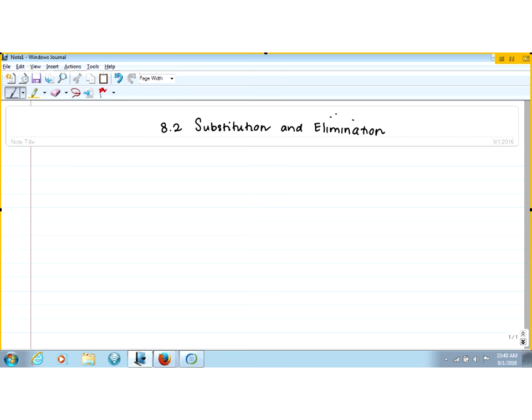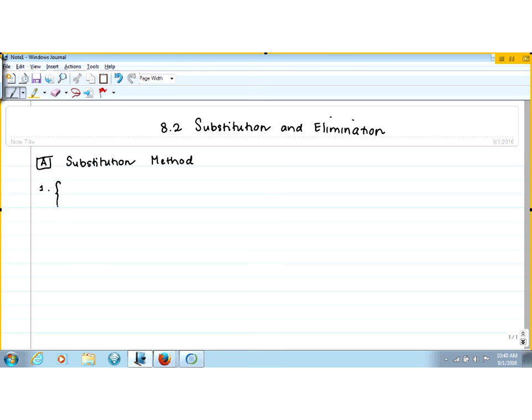All right, let's see. So A is the substitution method. Let me just give you an example right away, and then after one example, we could write down what we're supposed to do, what actually happens when we perform substitution.